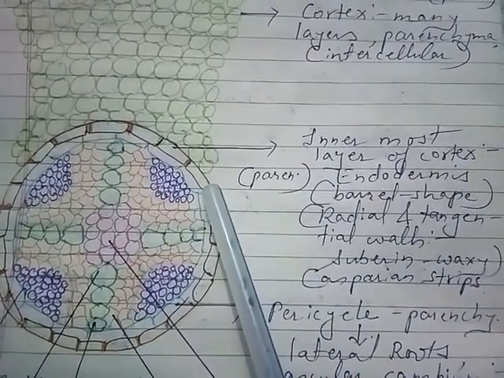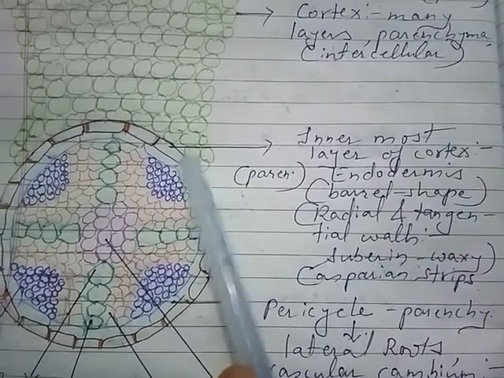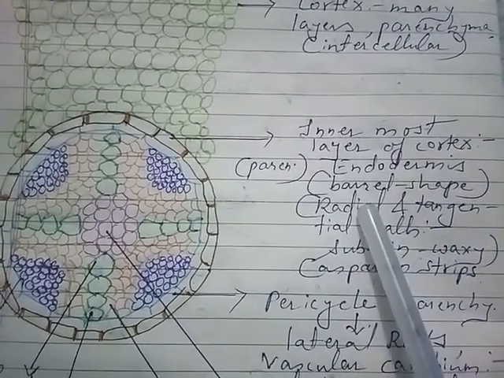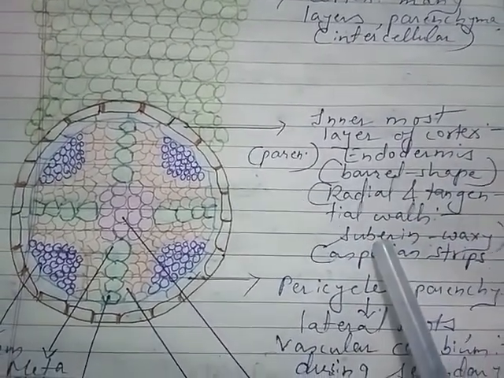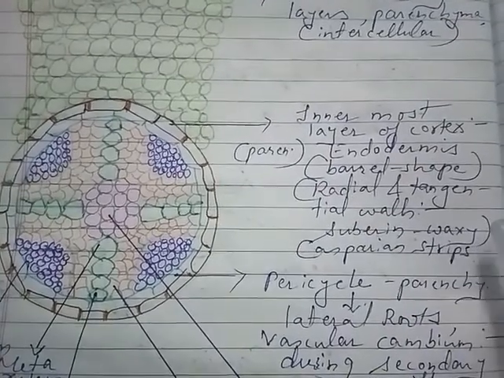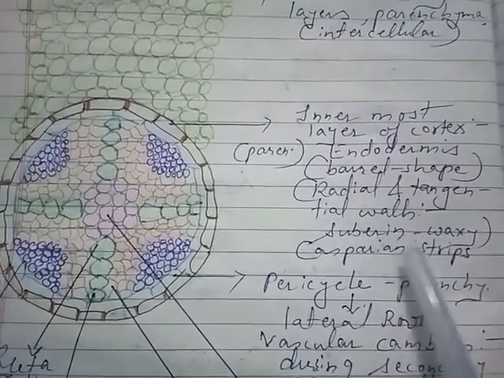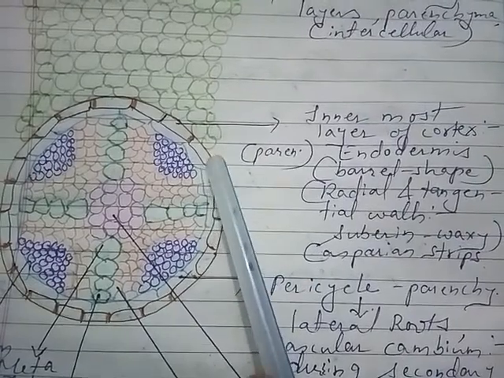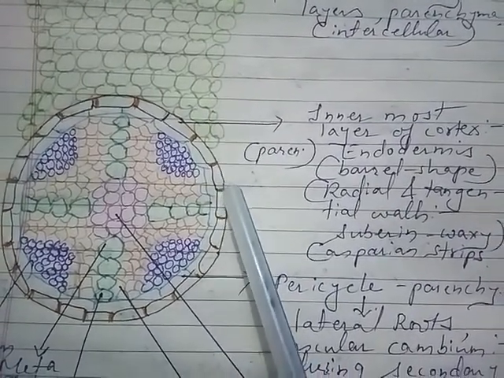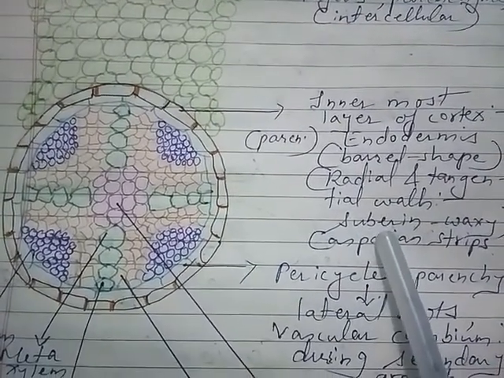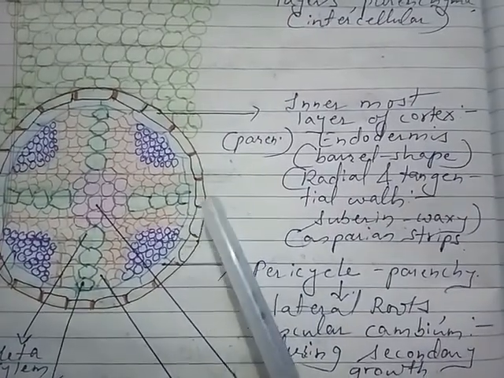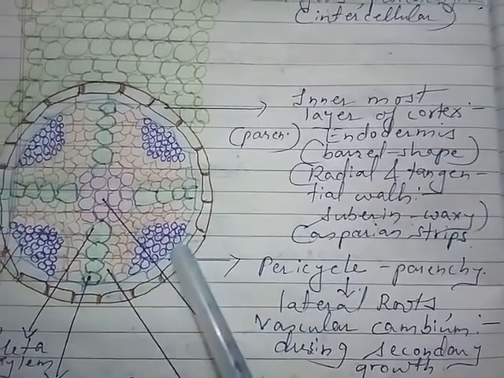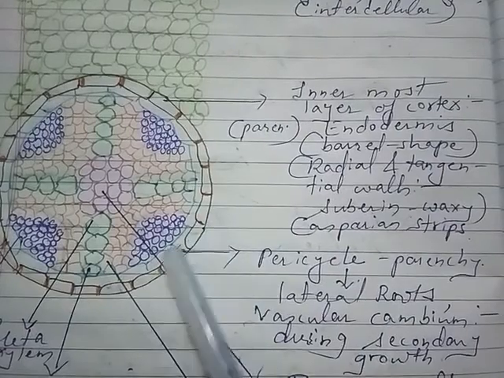In case of endodermis, the radial walls and tangential walls are having deposition of suberin, which is a wax, that is a lipid. So that forms Casparian strip. These walls are forming Casparian strip having deposition of suberin. Then next to it is the pericycle, the second layer inside the endodermis.